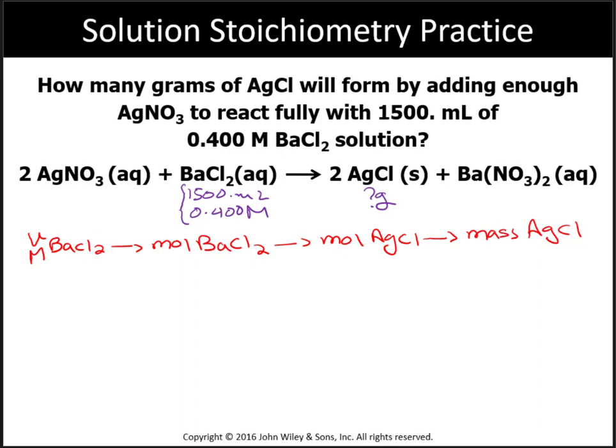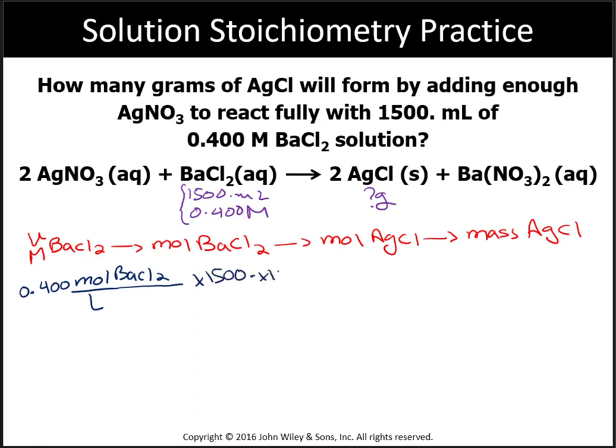So to find the number of moles of barium chloride, we're going to use the molarity equation. Your barium chloride is a 0.4 molar solution. And we have 1,500 milliliters.